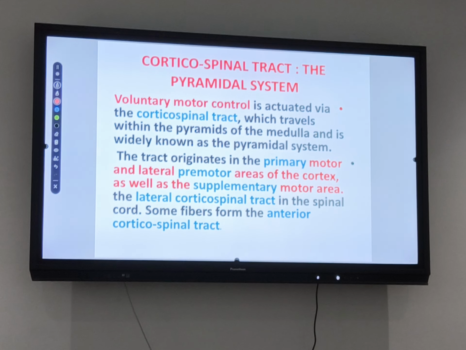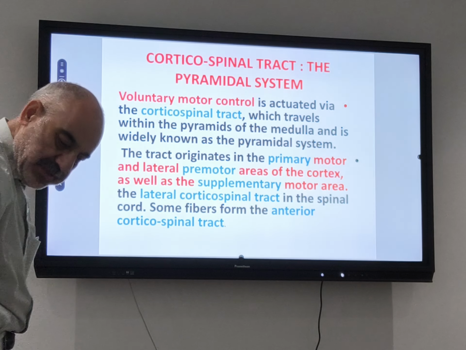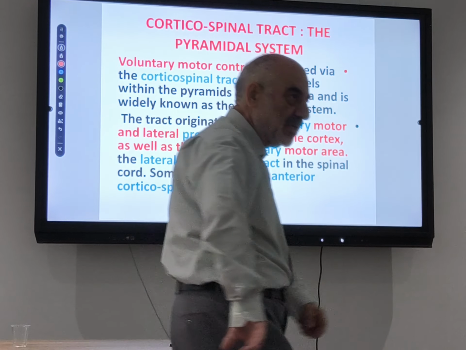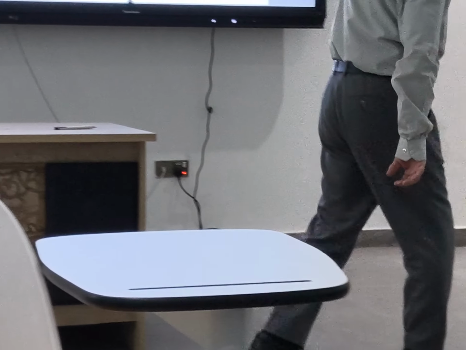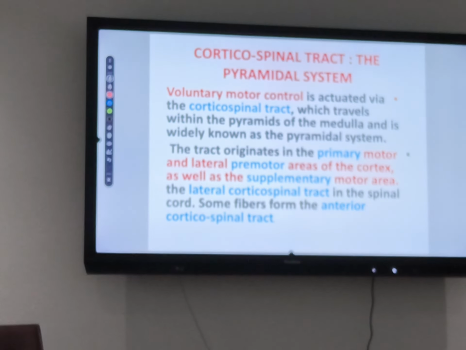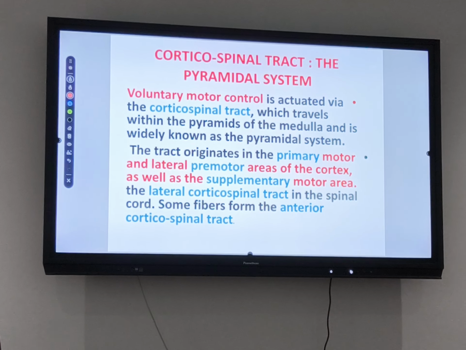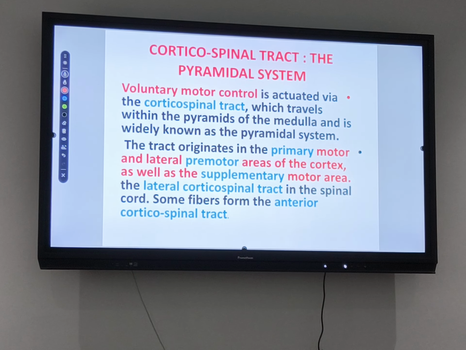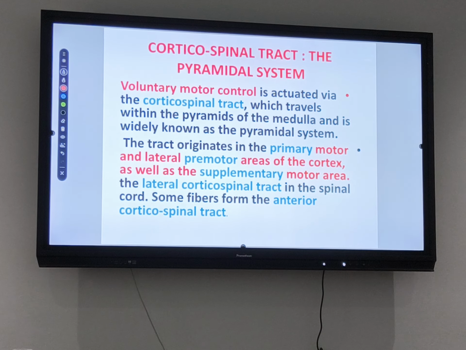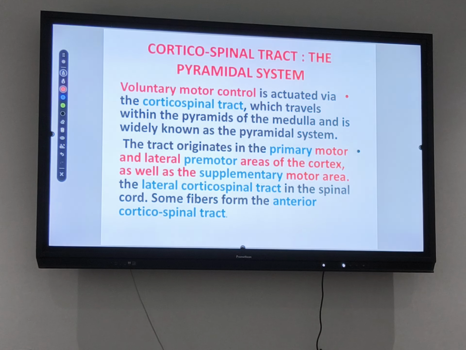Please remember, in brain stroke, I will show you this type of walking, the same as I simulate for you. This is the walking of hemiplegia. Sometimes the corticospinal tract is destroyed.